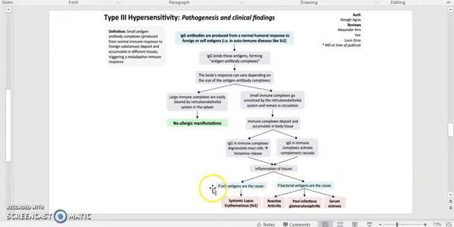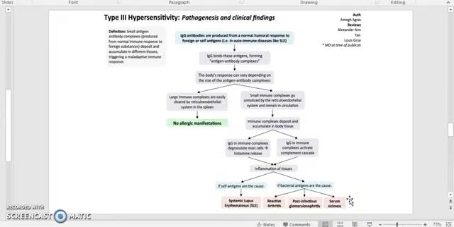For example, if self antigen is the cause, it is called systemic lupus erythematosus disease, also called SLE. And if the antigen is a bacterial antigen, the hypersensitivity that develops may be reactive arthritis, post-infection glomerulonephritis, and serum sickness. This is all about the type 3 hypersensitivity reaction.